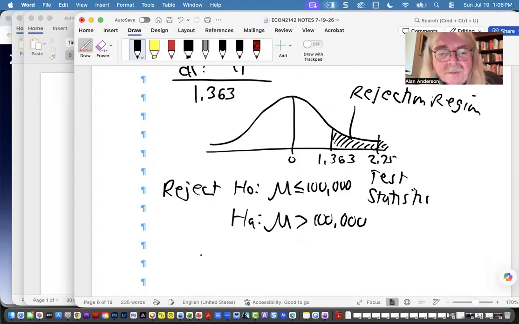Which is good news for the salespeople because the salespeople will in fact get a larger bonus.